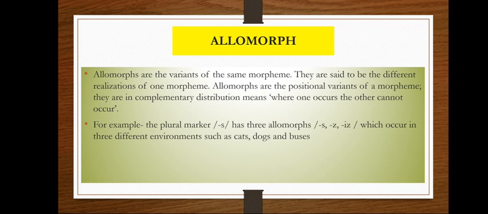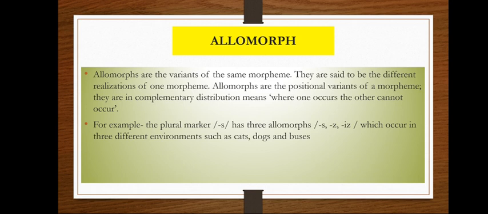Now, what is an allomorph? Allomorphs are the variants of the same morpheme. They are said to be different realizations of one morpheme. Allomorphs are the positional variants of a morpheme. They are in complementary distribution, meaning where one occurs, the other cannot occur. For example, the plural marker s has three allomorphs: s, z, and iz. So this one morpheme s has three different variants.